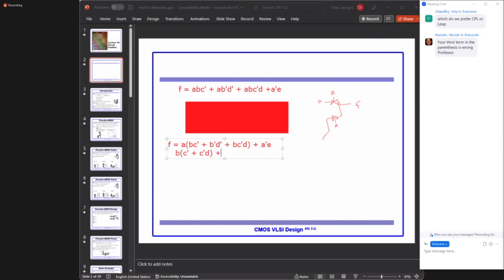Okay, and then B bar with D bar, right? So whatever you see on the second line is what's expanded out of whatever is in the parentheses, and that's what goes over here in the circuit.